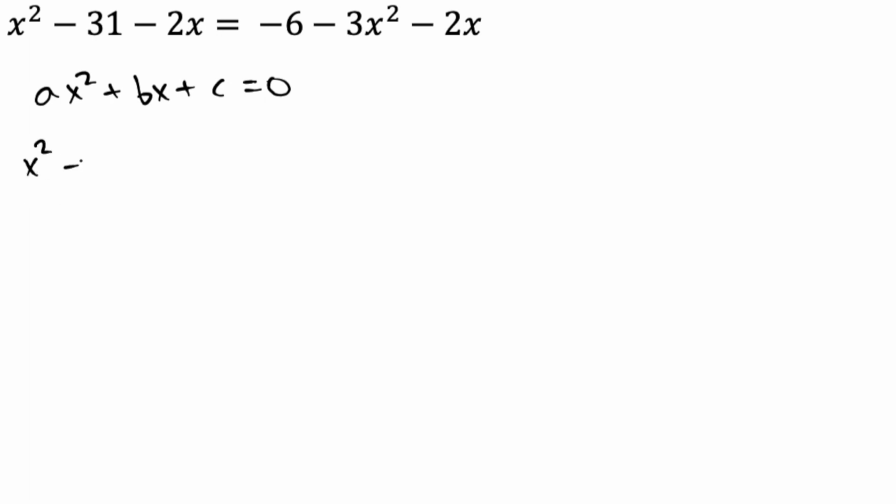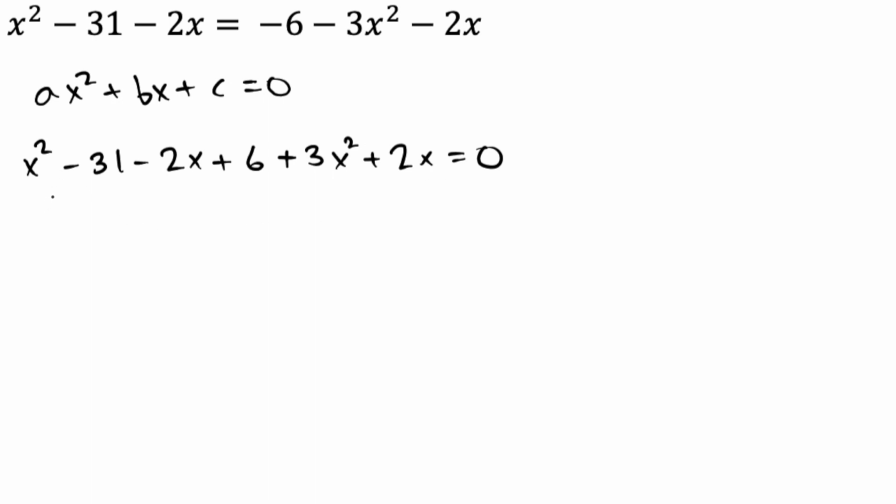X squared minus 31 minus 2x is equal to, I forgot to rearrange. We need to bring all these numbers, so minus 6 becomes plus 6, minus 3x squared becomes plus 3x squared, minus 2x becomes plus 2x, and that is equal to 0.